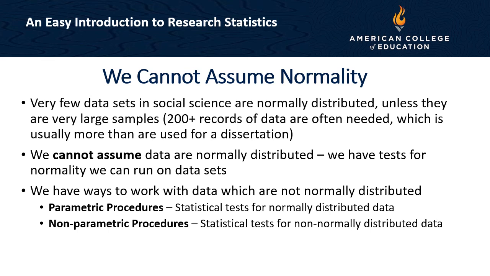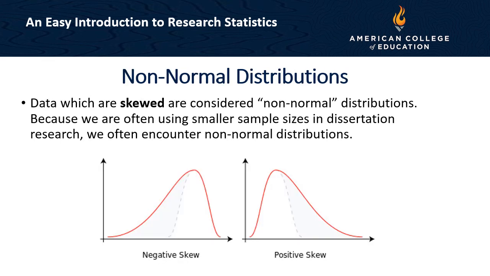And by and large, most ACE students end up using non-parametric procedures because they do not have huge sample sizes, and that's okay as long as we know what's appropriate and use the right test accordingly. However, what we end up with in non-normal distributions are skewed data. So as opposed to the bell curve, you can see how these data look when they are distributed, and they're skewed either negatively or positively about the mean.